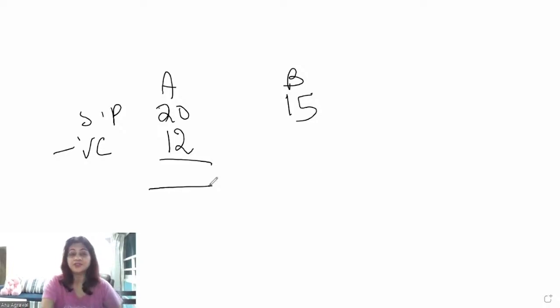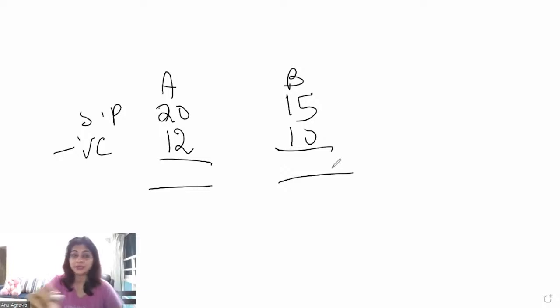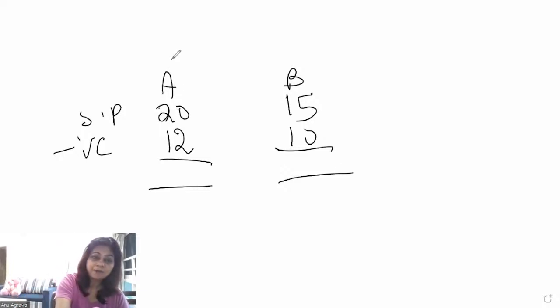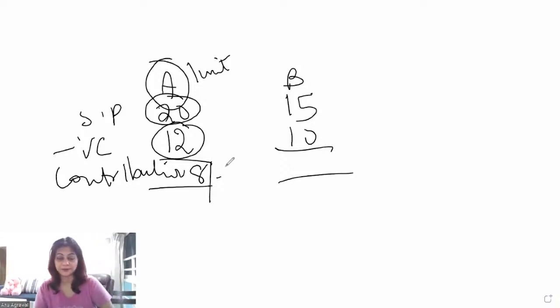But if I manufacture B, I'll be incurring 10 rupees per unit variable cost. The fixed cost I'm not considering. That means if I manufacture 1 unit of A, I'll be incurring 12 rupees and I'll be getting 20 rupees. I use the word contribution. I get a contribution of 8 rupees per unit that I produce.